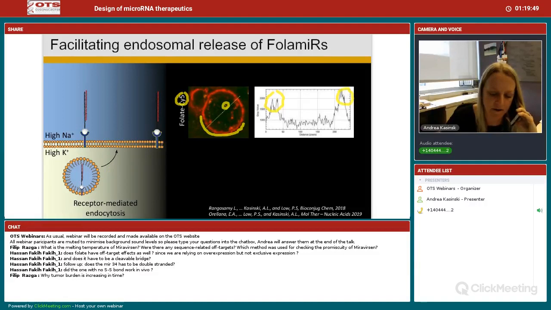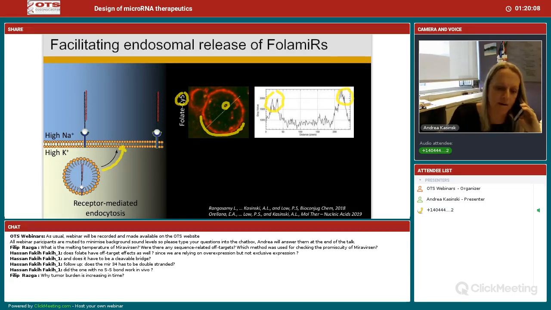And what that tells us is that a lot of our microRNA is sequestered inside of endosomes, and a lot of it is being recycled back out. And of course, that's what we don't want. We need to get it into the cytoplasm. We know we get some there, but we think we can reduce dosing much more if we can get a lot more of this out of these endosomes.